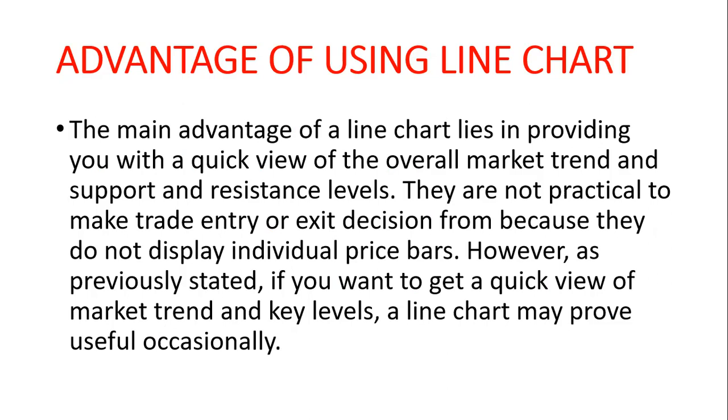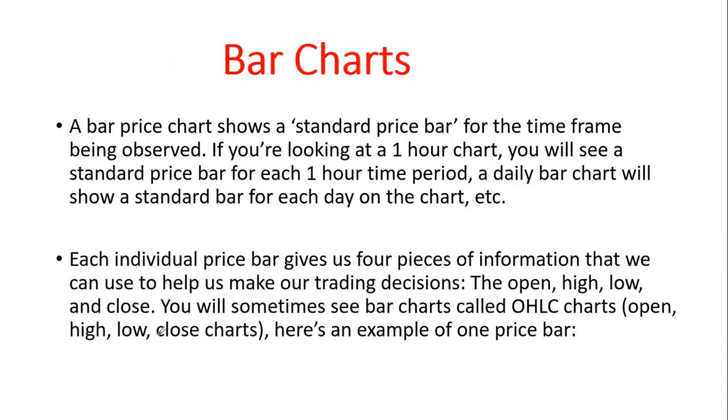Okay, now let us move. Now the second type of chart is known as a bar chart. A bar chart is a standard price bar, and it is also known as a traditional chart.